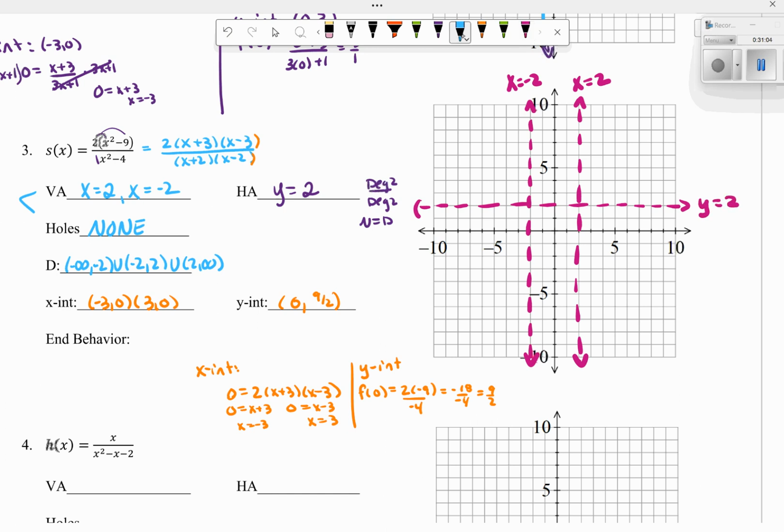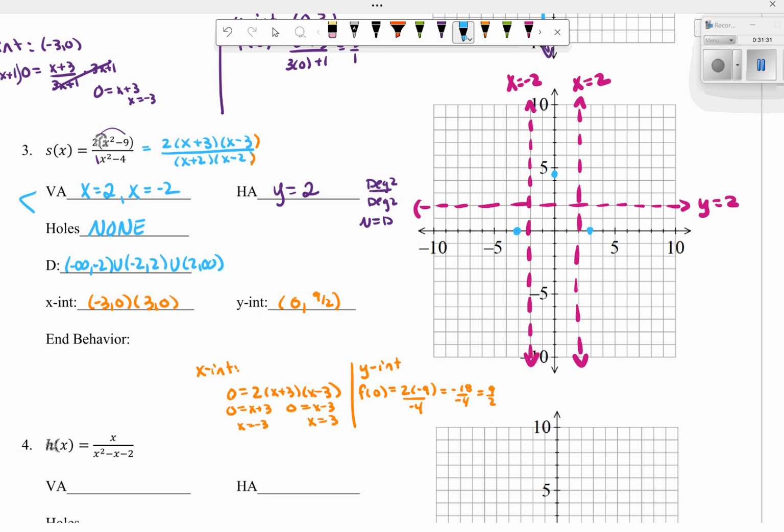So then for this, I'm going to graph my intercepts negative 3, which would be here, and positive 3. And then my y-intercept is at 0, 9 halves, or 4.5, which would be in between right here. So this is nice because I'm looking for, in each region of my vertical asymptotes, something to the left and to the right.